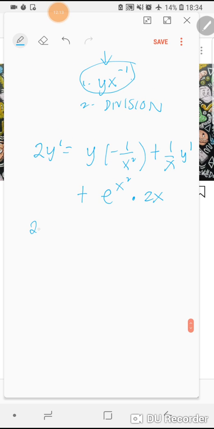So let's simplify further. 2y prime is equivalent to negative y over x squared plus y prime over x, plus 2x e to the power of x squared.